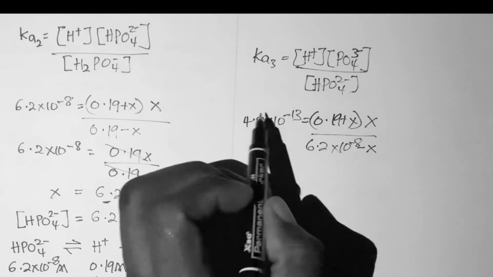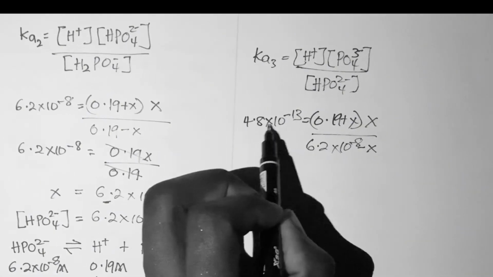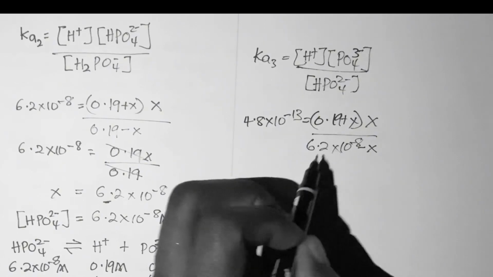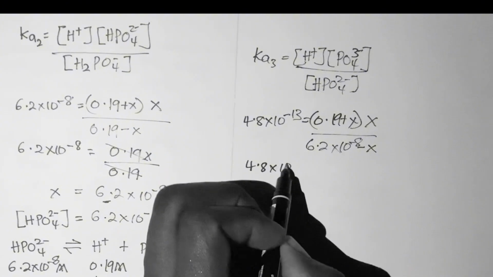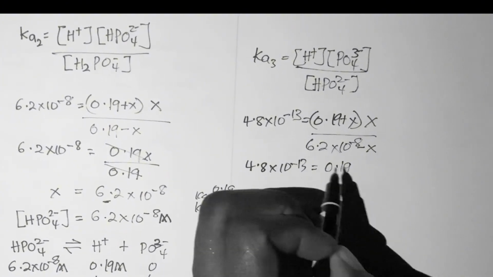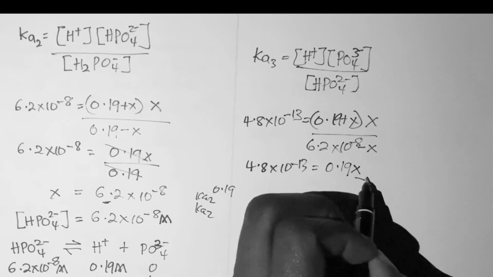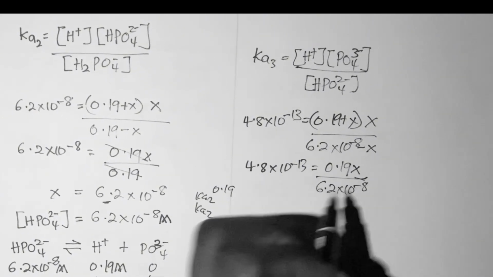So you see in this case too, this Ka3 is also very small, and therefore we'll make the approximation. So 4.8 times 10 exponent minus 13 equals 0.19 x divided by 6.2 times 10 exponent minus 8.